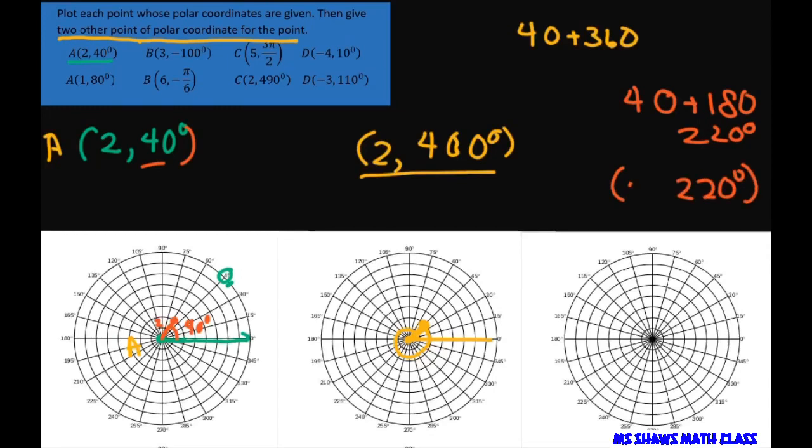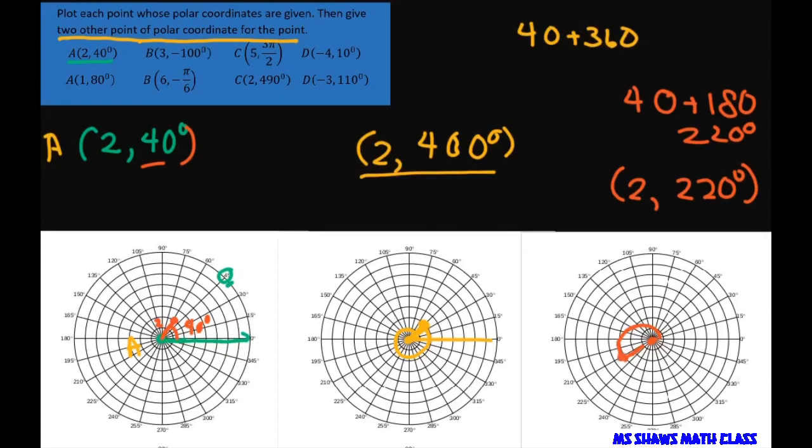Now, if I do 2, 220, this is what it would be. So 220 is about here. And so that would be, since it's here, this is your angle. You're going around to 220. Since that's your angle, but where your 2 is right here. So there's your 2 mark.